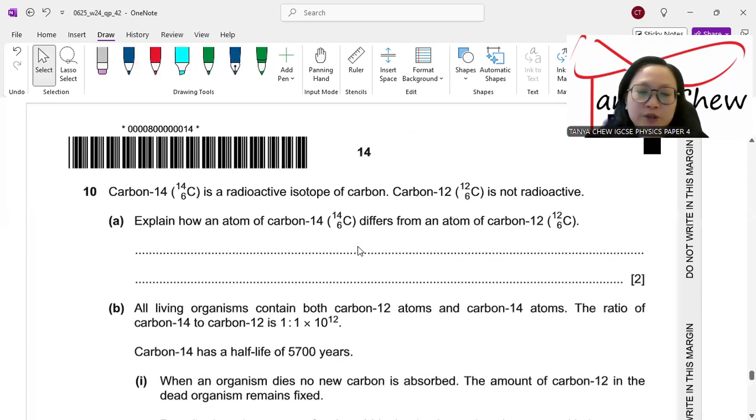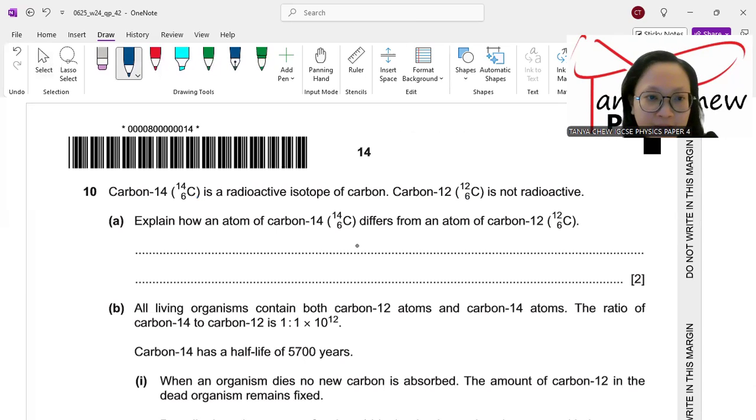Now, the next one, question number 10. Carbon-14 is a radioactive isotope of carbon. Carbon-12 is not radioactive. A. Explain how a carbon-14 atom differs from an atom of carbon-12. I can use 14C to save my time in writing and save your time in writing as well.